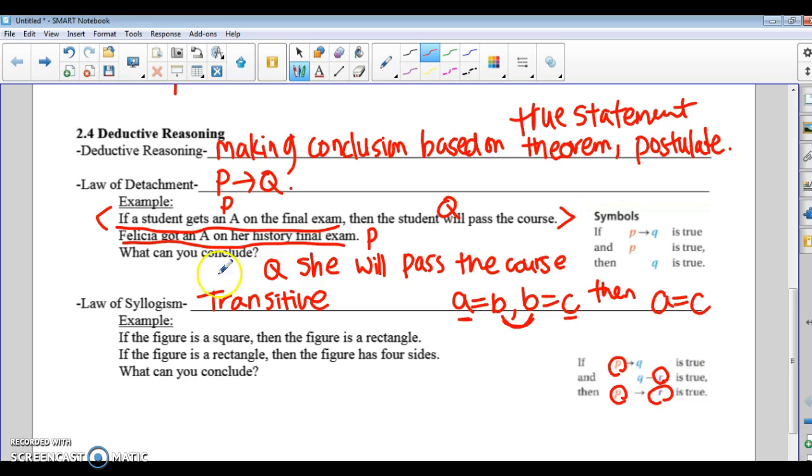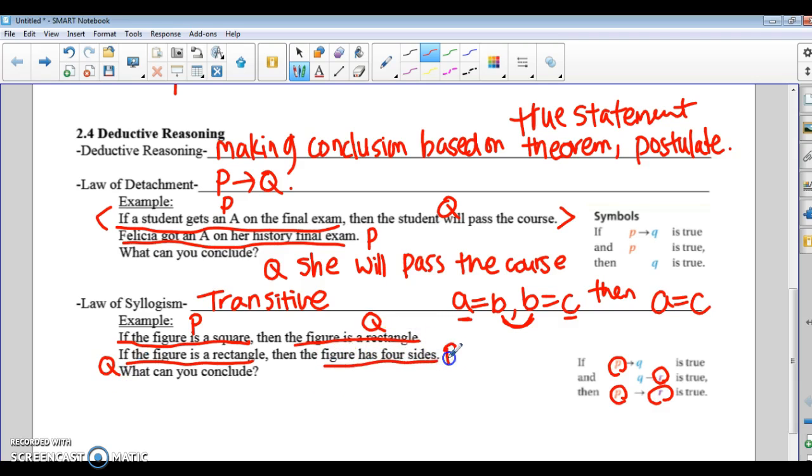Okay? What does that mean? Let's take a look at the example. If the figure is a square, then the figure is a rectangle. So let's take a look at the first statement. That's going to be P. The figure is a square. Then the figure is a rectangle. That's Q. Again, the figure is a rectangle. So what letter can I use? We can use the letter Q. Then the figure has four sides.